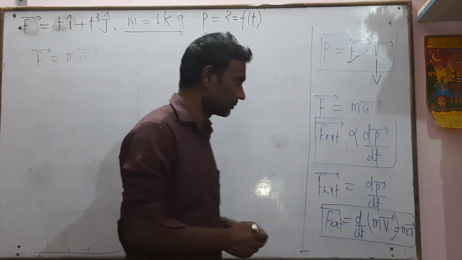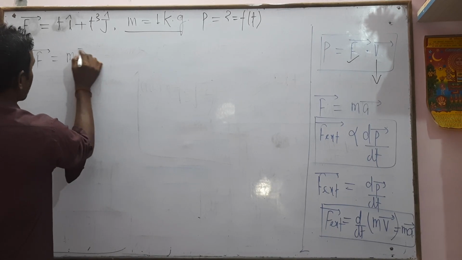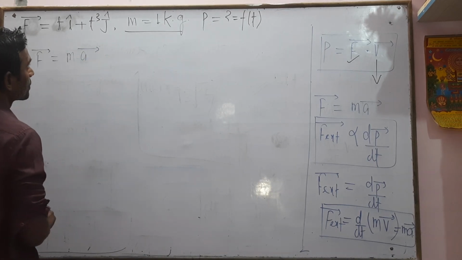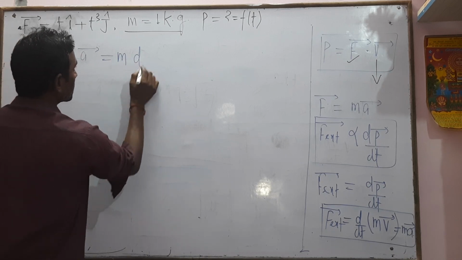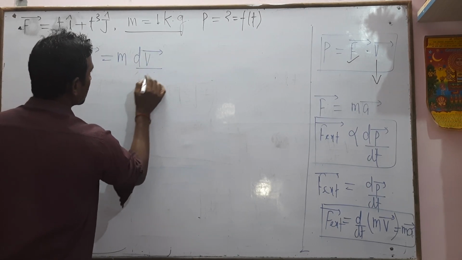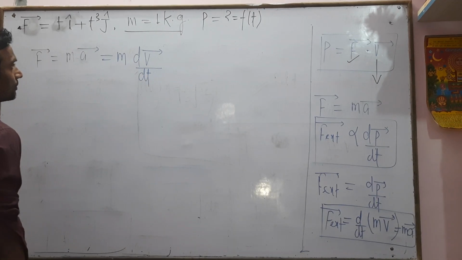Vector is the important thing. So F vector equals mass into acceleration vector, and acceleration is dv vector by dt.